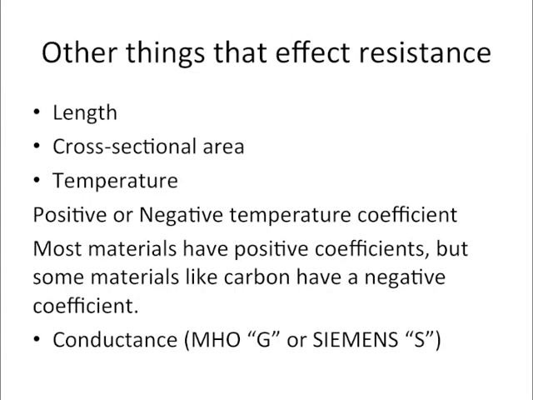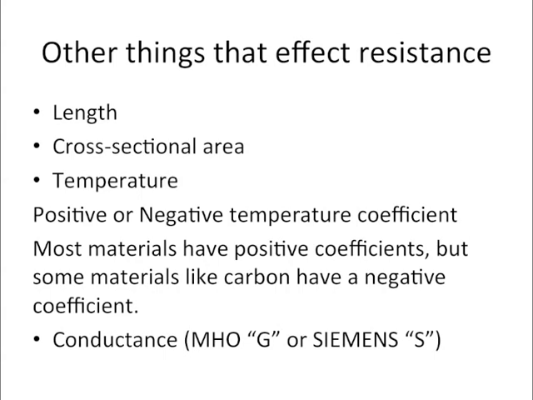Temperature is also going to affect it, and it can affect it differently depending on the kind of material. Generally, most things have a positive temperature coefficient, which means that as you increase the temperature, you also increase the resistance. Conversely, if you decrease the temperature, you'll decrease the resistance.